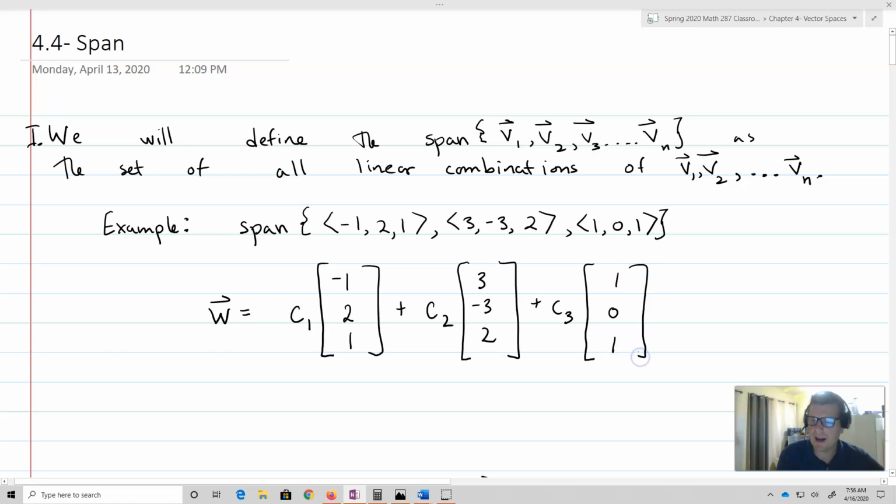So anything that I can write as a linear combination of those three vectors is inside of the span. And we conceptualize that visually or graphically as all of the different places inside of, in this case, R3 that I can get with these different vectors. If I take a certain amount of one of the vectors and add it to another amount of the second vector and add it to another amount of the third vector, where can I get inside of R3? And that's how we conceptualize span.